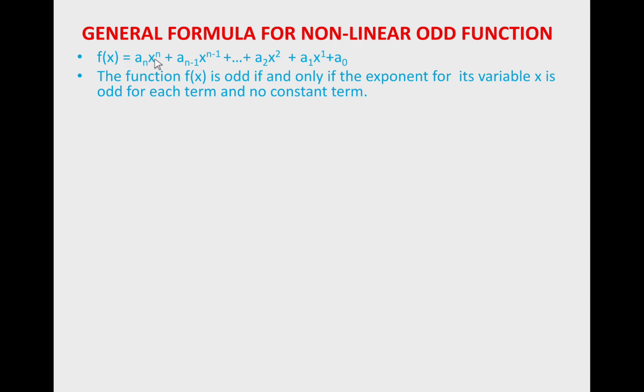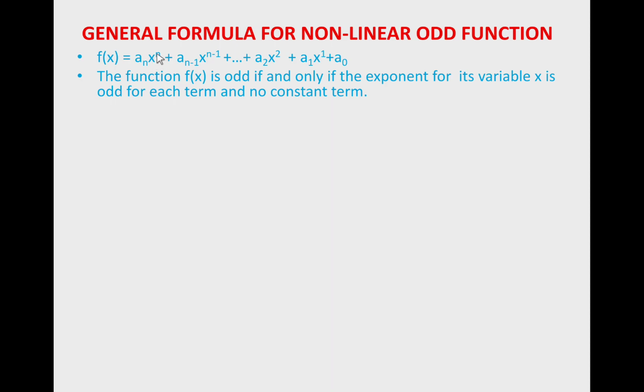At the same time, if we find any term that has an x with an even exponent, then the coefficient corresponding to that x with even exponent must be equal to 0, because we want to eliminate all the terms that have x with an exponent that's even.